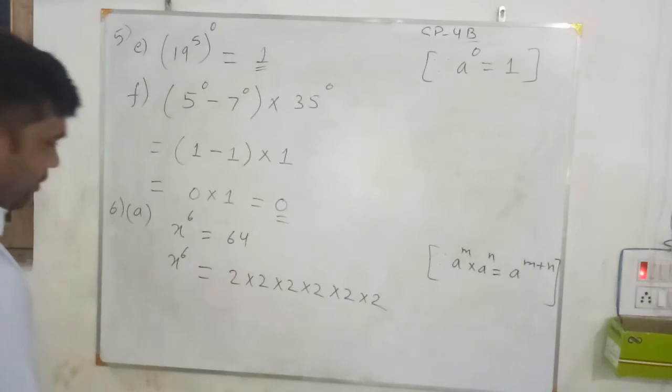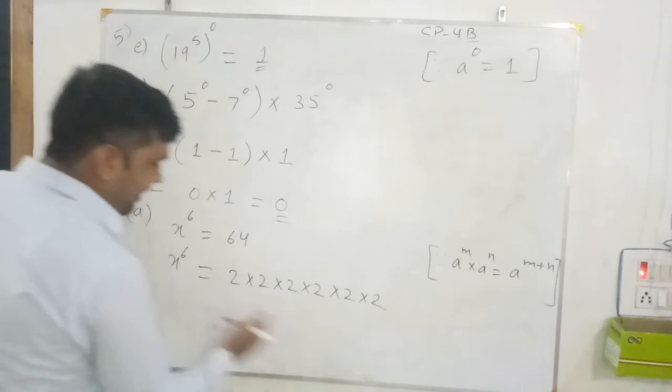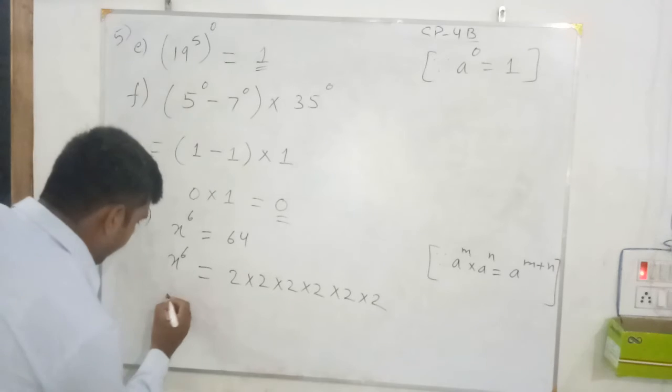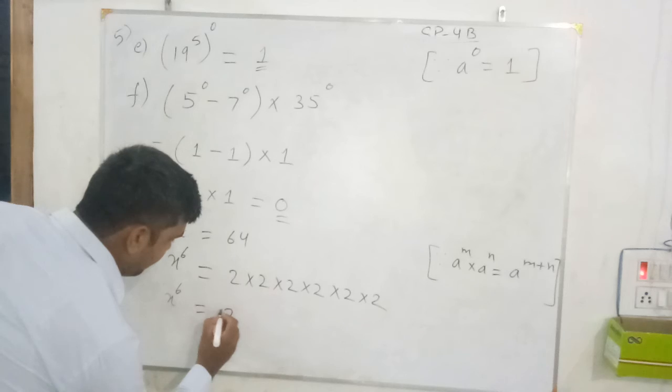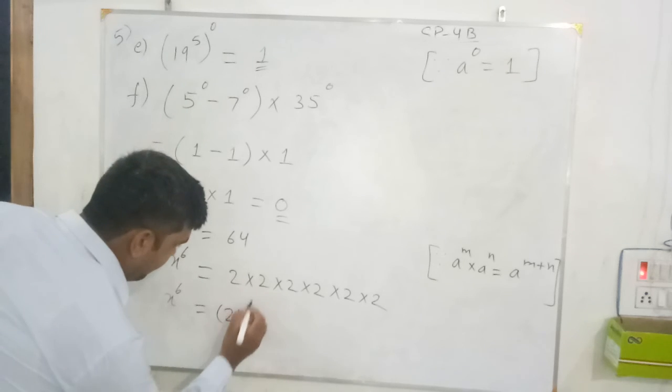Yes. So now 2 is multiplied by itself 6 times. How can you write it in exponent form? The meaning of this is 2 to the power 6.